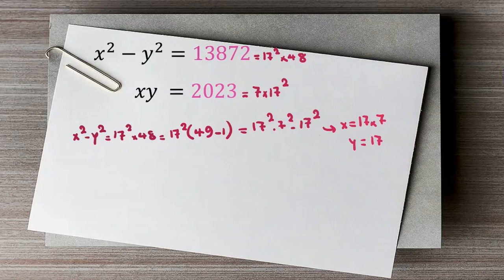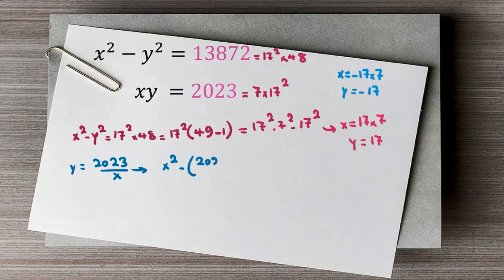So we use replacement for this equation. We find y in terms of x, and then replace in the other equation. Y equals 2023 over x.